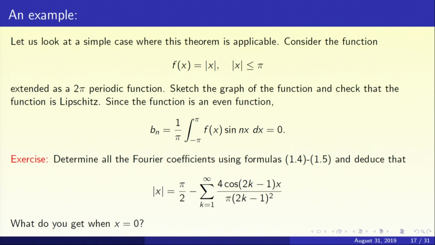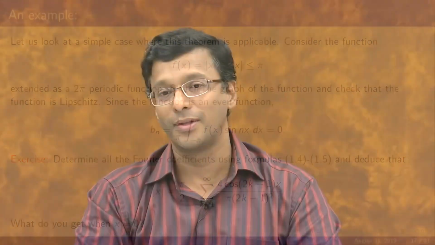Namely, the last displayed equation in the slide holds: mod x equals pi by 2 minus the summation k from 1 to infinity of 4 cosine((2k minus 1)x) upon pi times (2k minus 1) the whole squared. This holds for all values of x because the function was Lipschitz.